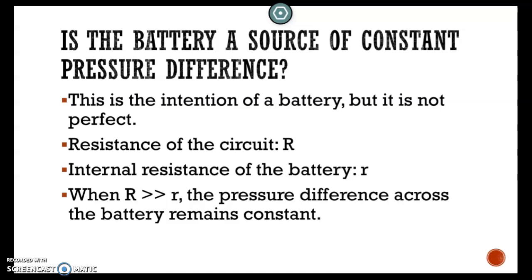So when the resistance of the circuit, the overall resistance, is much, much greater than little r, the internal resistance of the battery, the pressure difference across the battery appears to be pretty constant, as long as the whole resistance of the circuit is a lot bigger than the internal resistance of the battery, which we did decide is pretty small, but it does get bigger over time, which is what you're going to see in the worksheet.